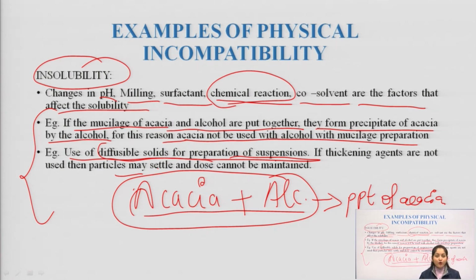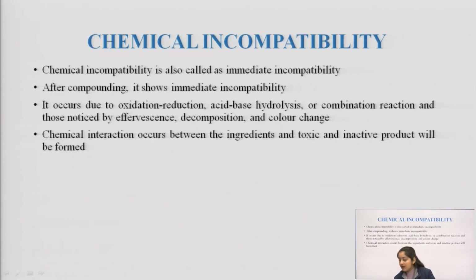It is very important to understand that due to chemical reaction there are also chances of a change in the physical state, or another type of incompatibility arises due to the chemical reaction, which is your chemical incompatibility. Moving on, we just had a brief discussion on what physical incompatibility is, how to overcome it, and the different examples of physical incompatibility.